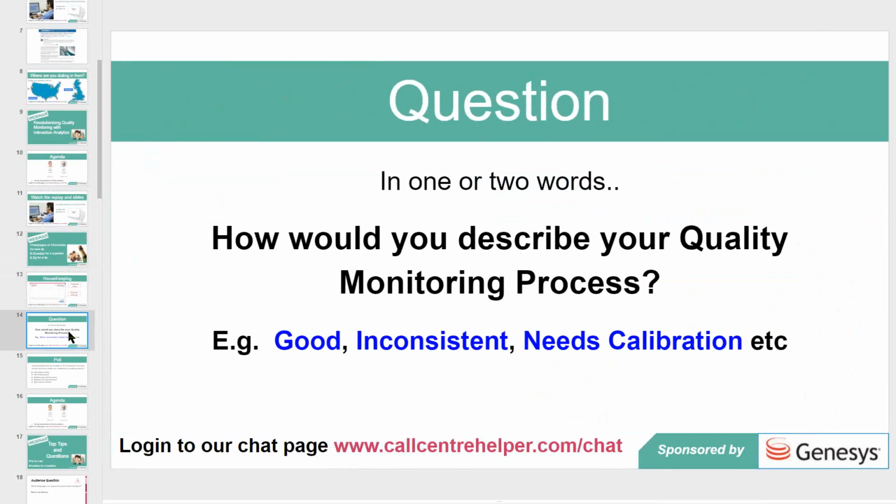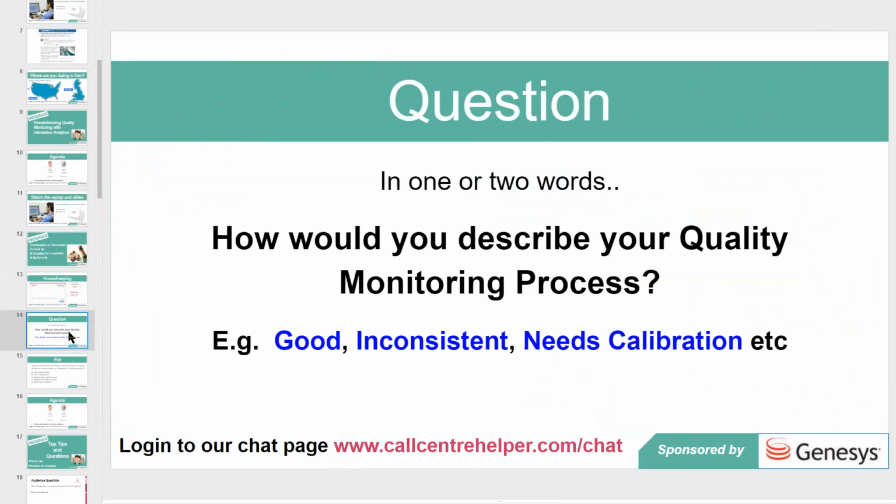We're having a discussion currently in the chat room, and that is, in 1 or 2 words, how would you best describe your quality monitoring process? So, for instance, good, inconsistent, needs calibration. Let's have a look at some of the responses. We've got it needs upscaling. Costa says it's very manual in his contact center. Edward says it's very neat and also needs calibrating.